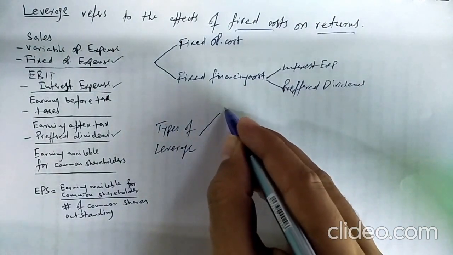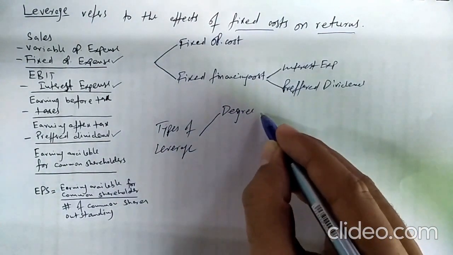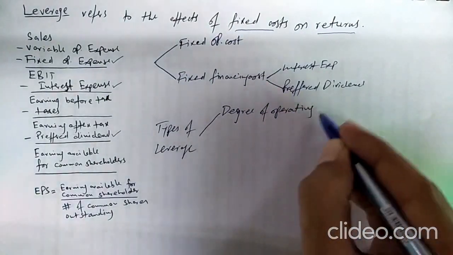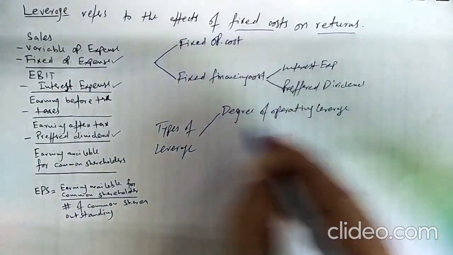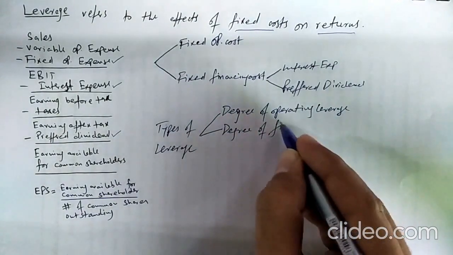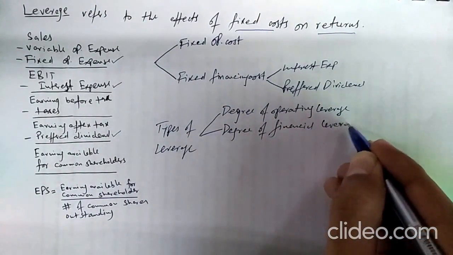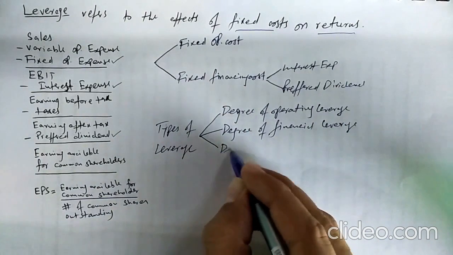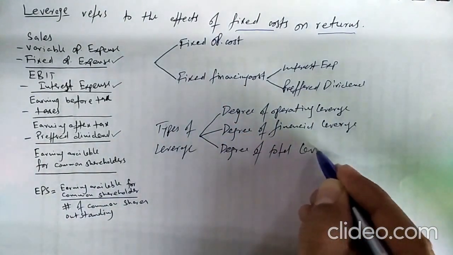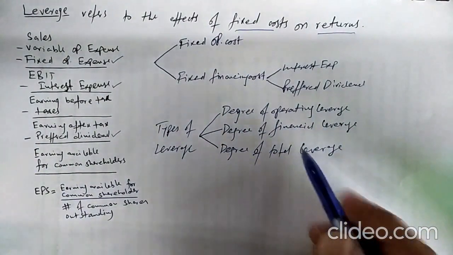First is degree of operating leverage, second is degree of financial leverage, and third is degree of total leverage. So there are three types of leverages: operating leverage, financial leverage, and total leverage.